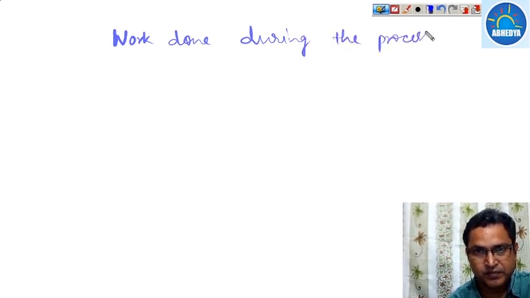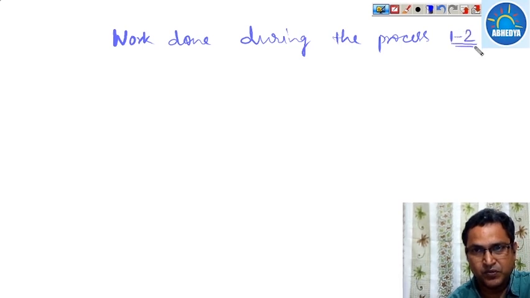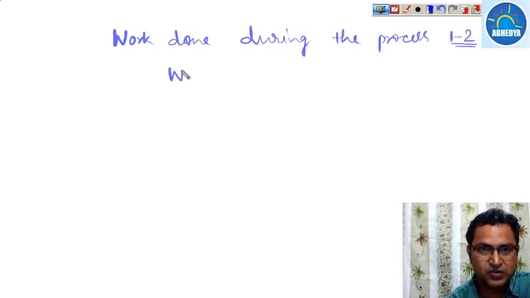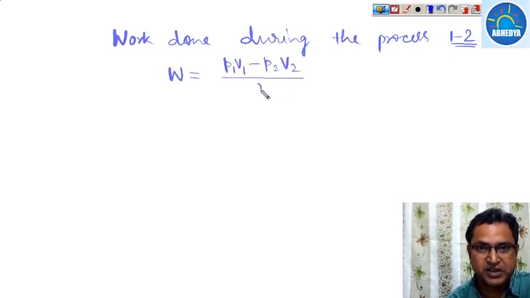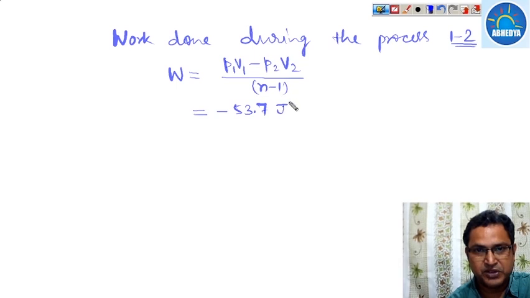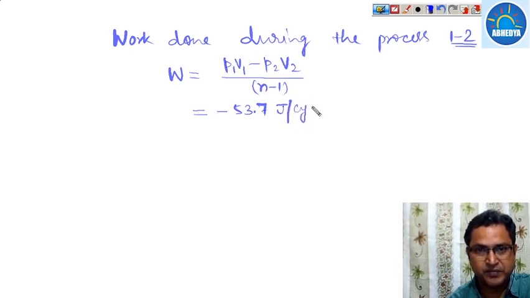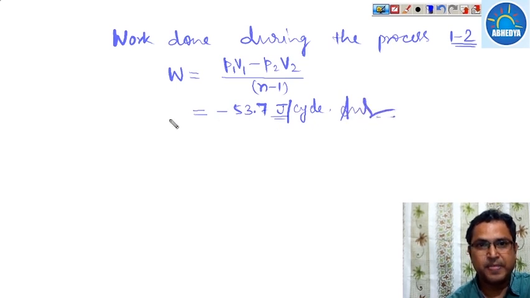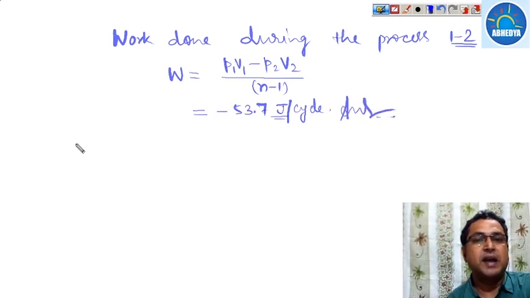The work done is P1 V1 minus P2 V2 divided by n minus 1. Once we put all the values, we will get the work done as minus 53.7 joule per cycle. So this is the work done per cycle.